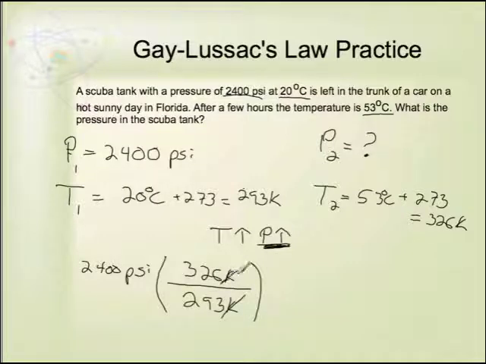That's the ratio by which my pressure is going to go up. My units will cancel, and my final pressure is 2,670 psi, or with only two significant figures, 2,700 pounds per square inch.